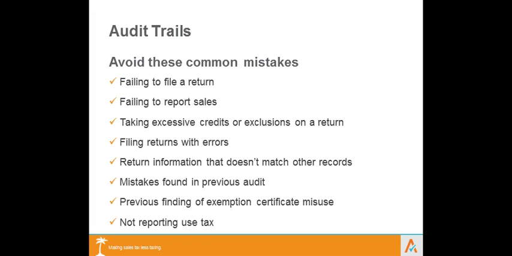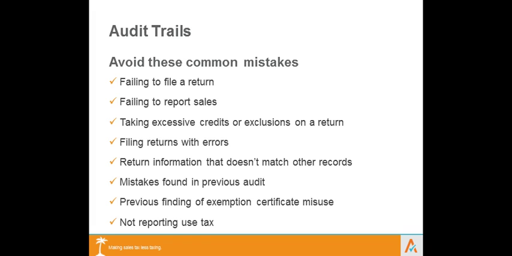That tends to put you on the state's radar in terms of failing to be compliant, or failing to be compliant consistently. Other things to think about are failing to report your sales accurately. That's a big no-no. Taking excessive credits or exclusions on a return can raise auditors' eyebrows.